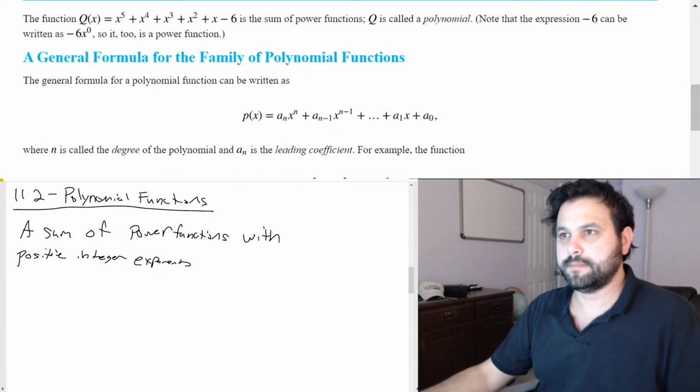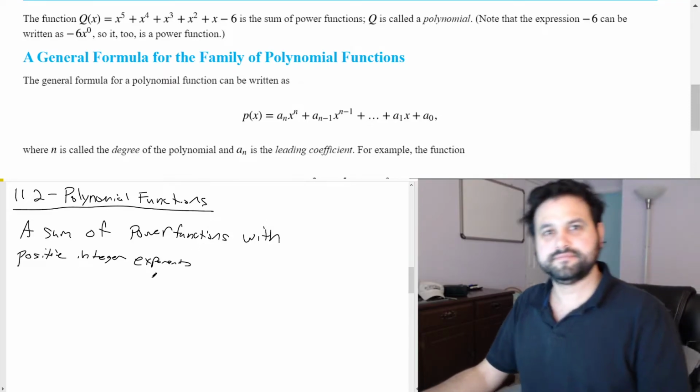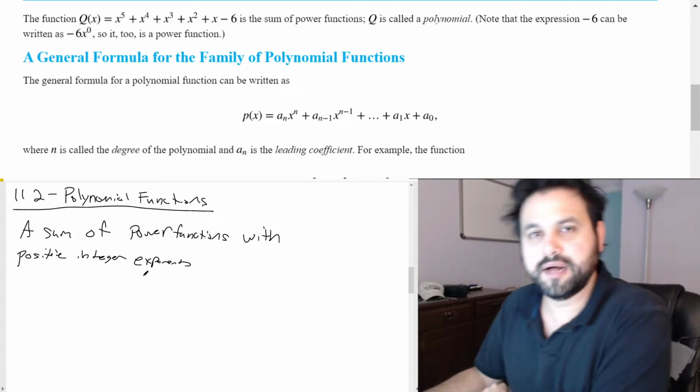Let's restart with our definition of a polynomial function.